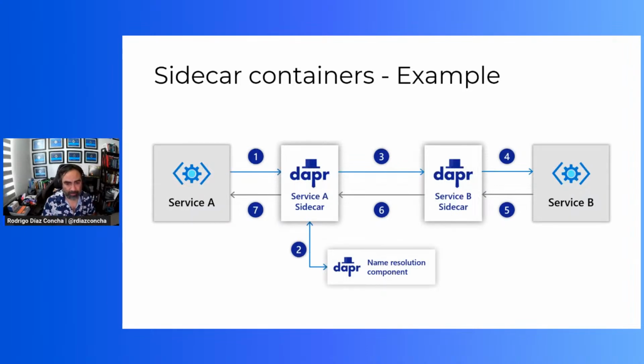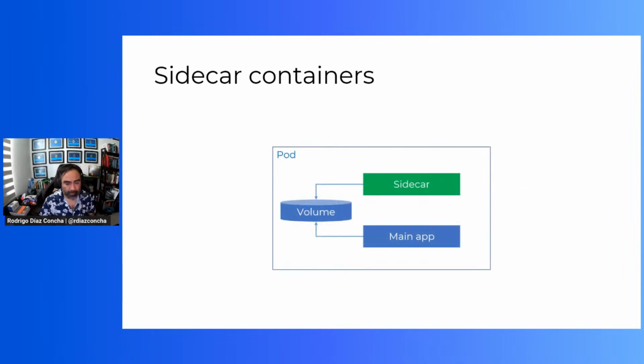your application, right? So the thing about sidecar containers is that the sidecar application is running at the same time as your main application, right? So in this diagram that we are showing here on the screen, let's say that this is just a small example of an application that is reading from a volume.